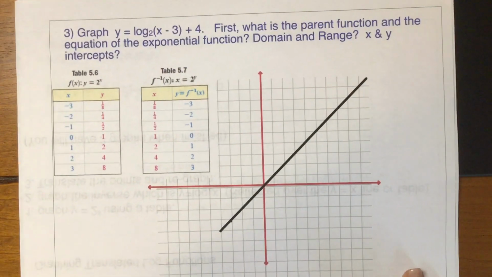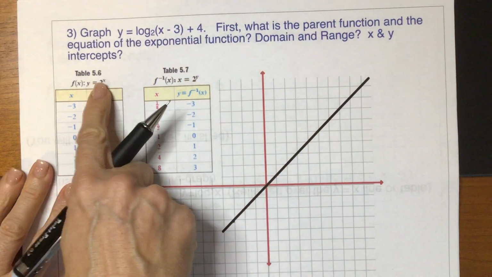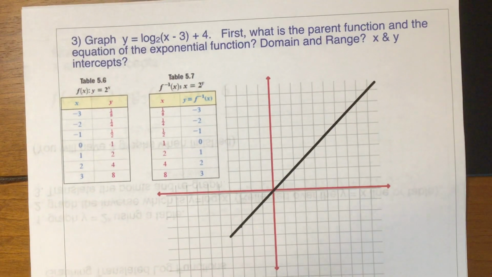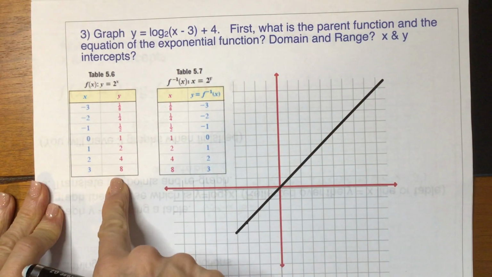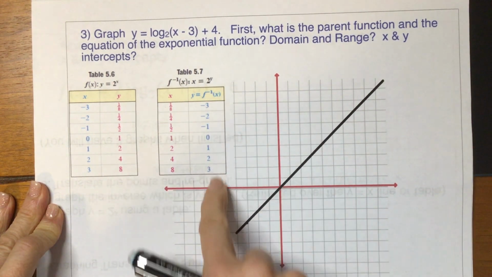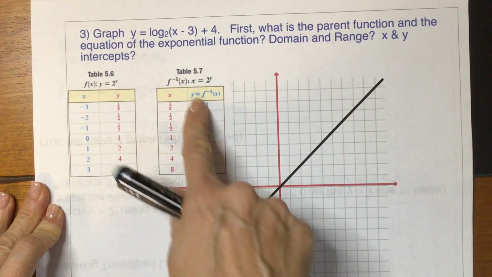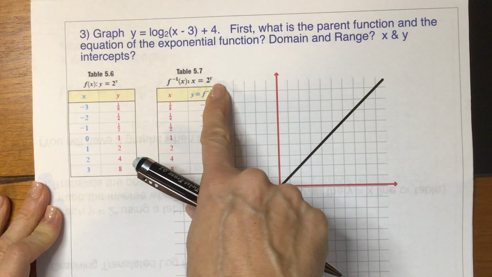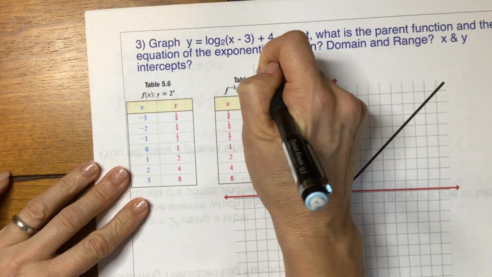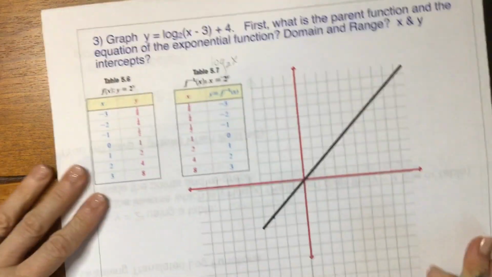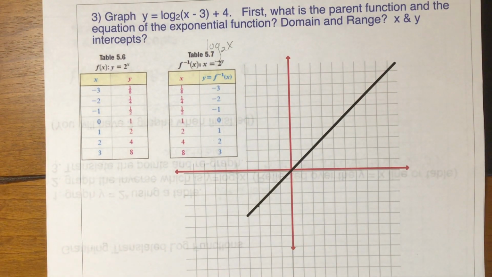Right, so these are our steps 1 and 2. We already have our 2 tables of log base 2. So we have our exponential function, which is how we used to get our new table of values for our inverse, which is also the same as log base 2 of x. So that's what table number 2 is.